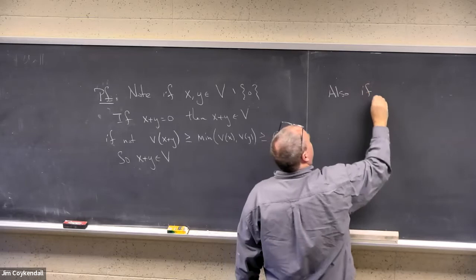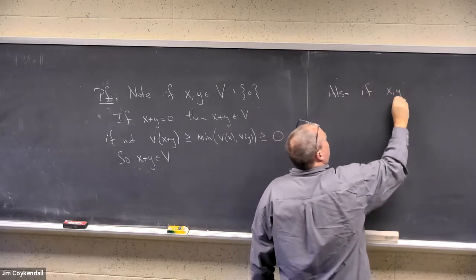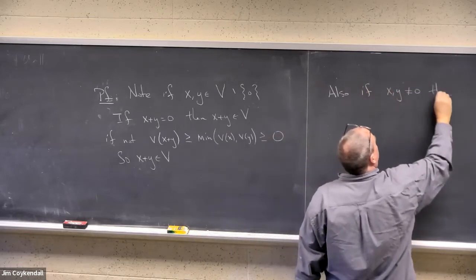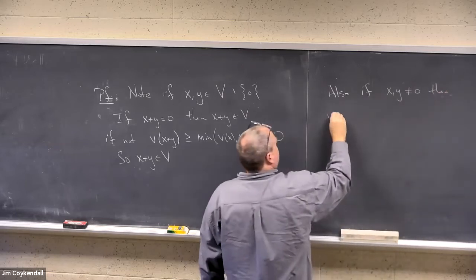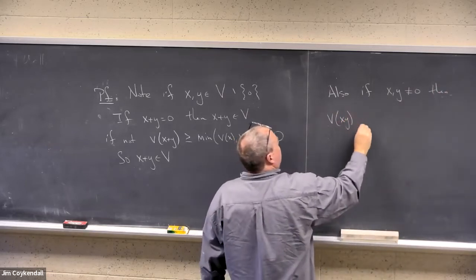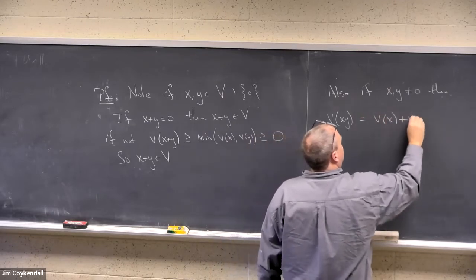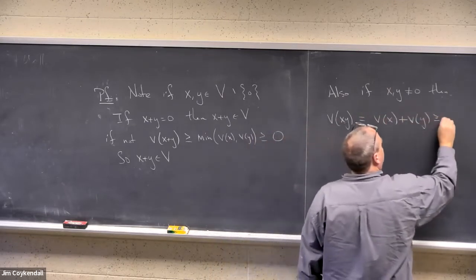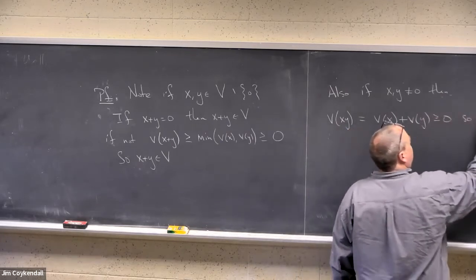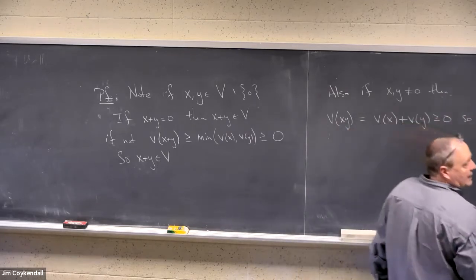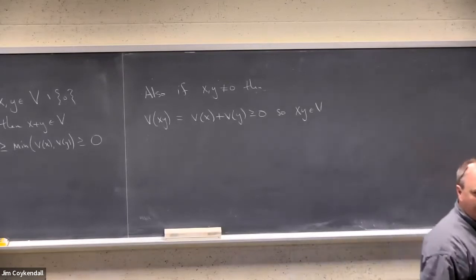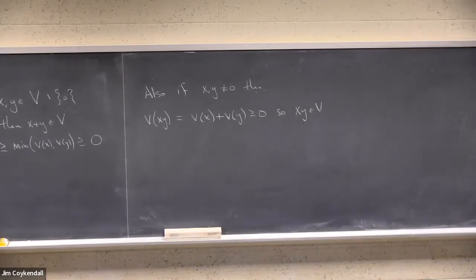Also, if X, Y are non-zero, then the product is in B, and again, it's clear that if X or Y is zero, the product is in B since the valuation domain contains zero.